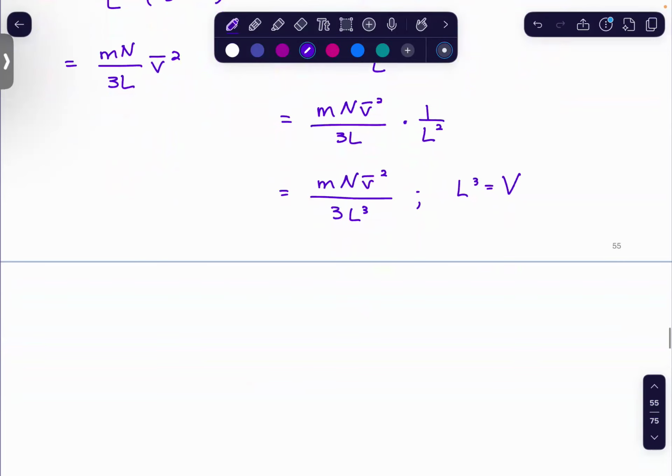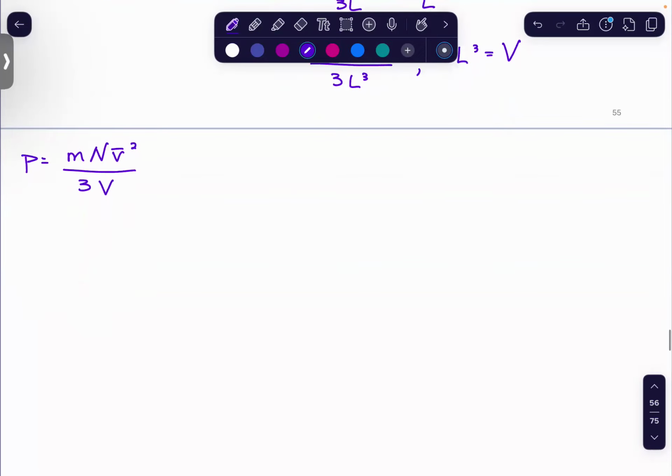Okay, so now our pressure is mass, number of molecules, average velocity squared over 3 times the volume of the chamber. Now we're getting closer.